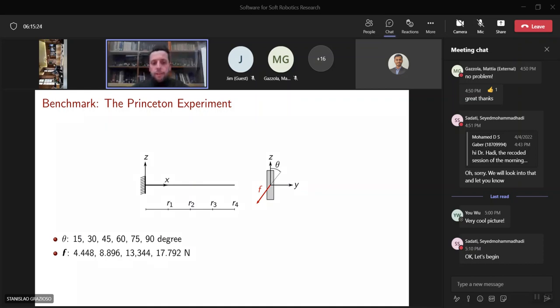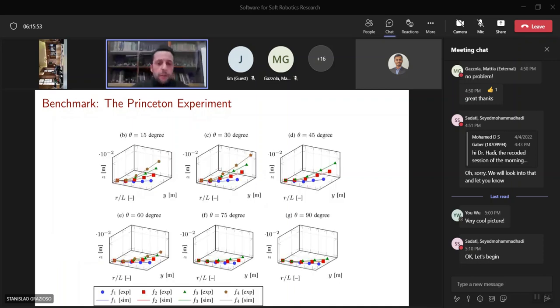Here we have a slender beam with an end load F acting on the beam with different intensities and different lines of action, and these loads induce within the beam a highly nonlinear behavior where bending and torsion are coupled. We have measurements at 4 cross sections along the beam, and we have compared our simulation results with the experiments available from the literature.